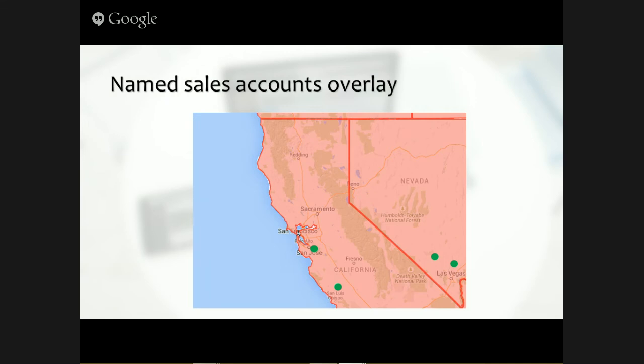And for a particular rep or a particular sales manager, you may want to grant access to, say, for example, all the accounts in the California sales team, plus all those green ones that are shown on the screen, in a kind of layered approach. And as I say, there are many different reasons why you might want to do this.